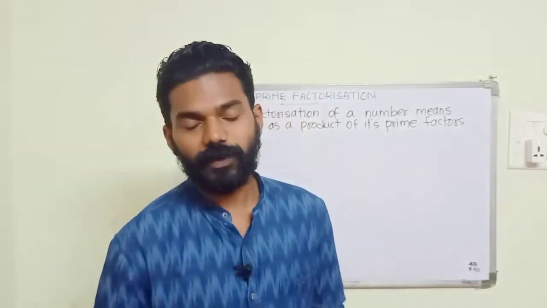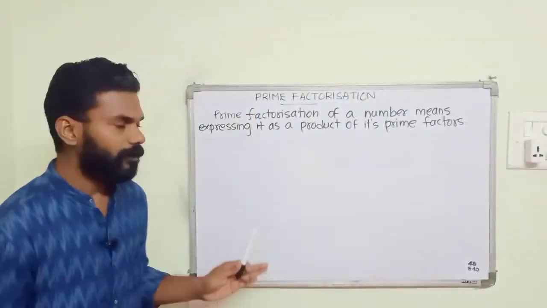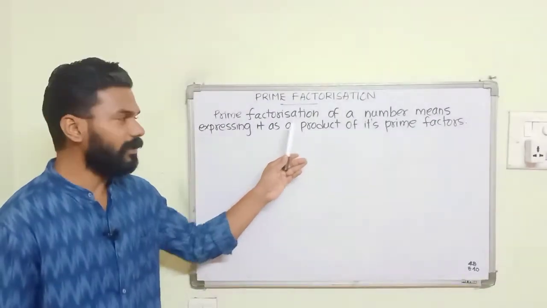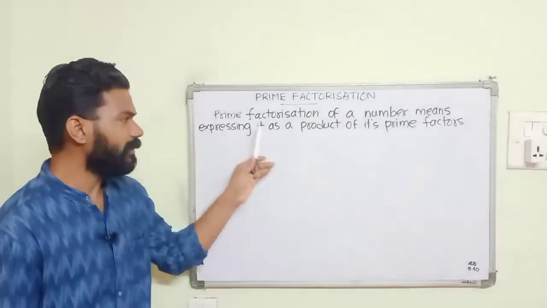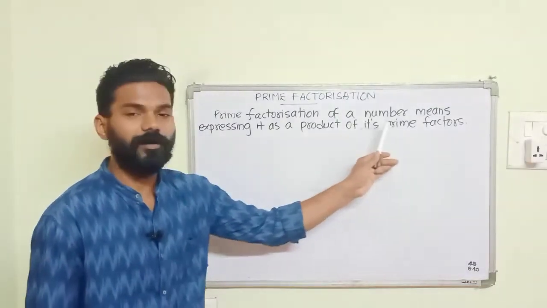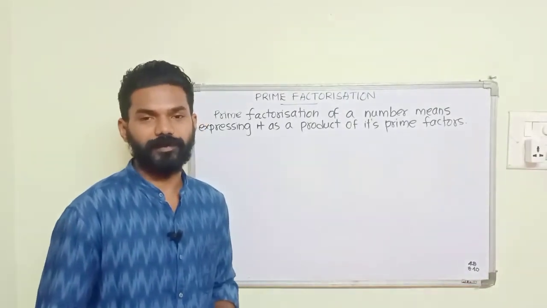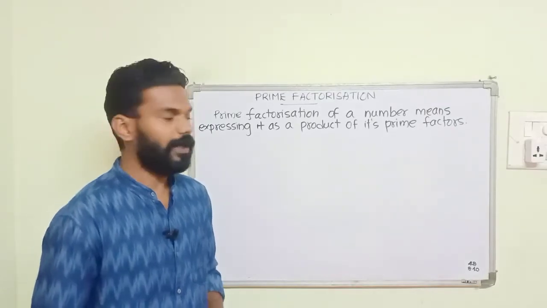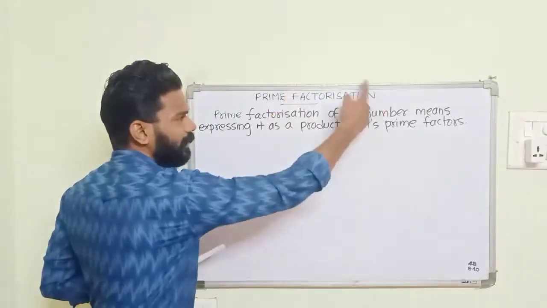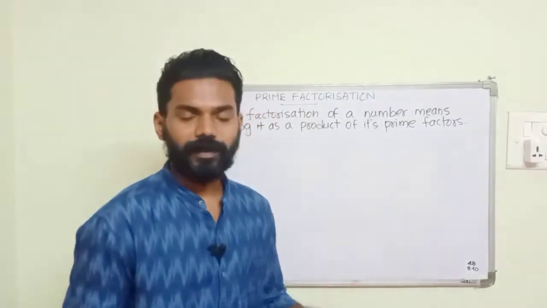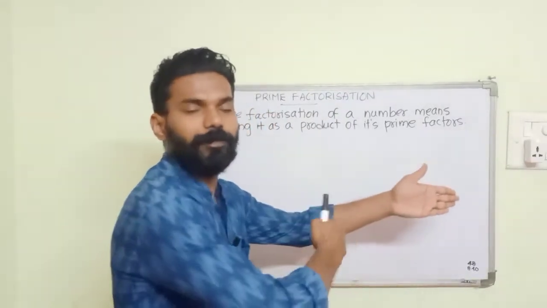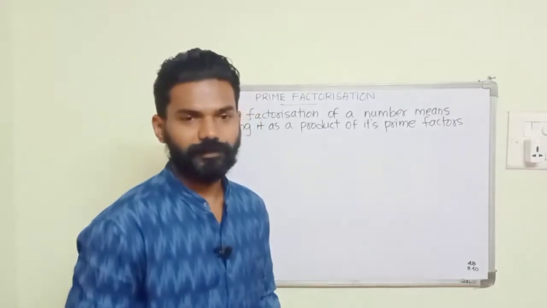By definition, prime factorization of a number means expressing it as a product of its prime factors. So what is meant by factorization? Factorization simply means writing the number as a product of its factors.